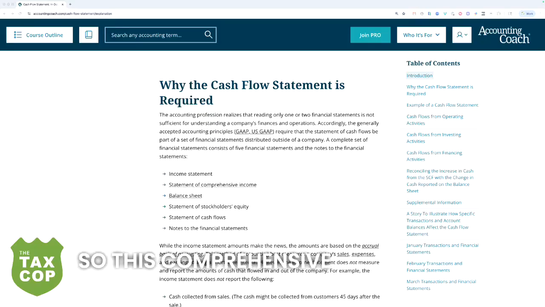So the comprehensive income and stockholders' equity statements give you a little bit more expanded information on those sections of the financial statements. I'm thinking taxes, my bad. But the major things that you'll see are an income statement, a balance sheet, a statement of cash flows, and notes to the financial statements.